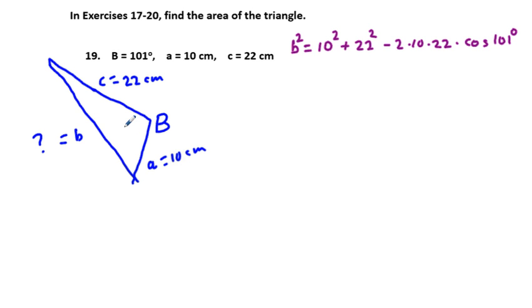And I didn't label this here. Let me put it over to 101 degrees. Okay. And to find what B is, we're going to take the square root of all this.